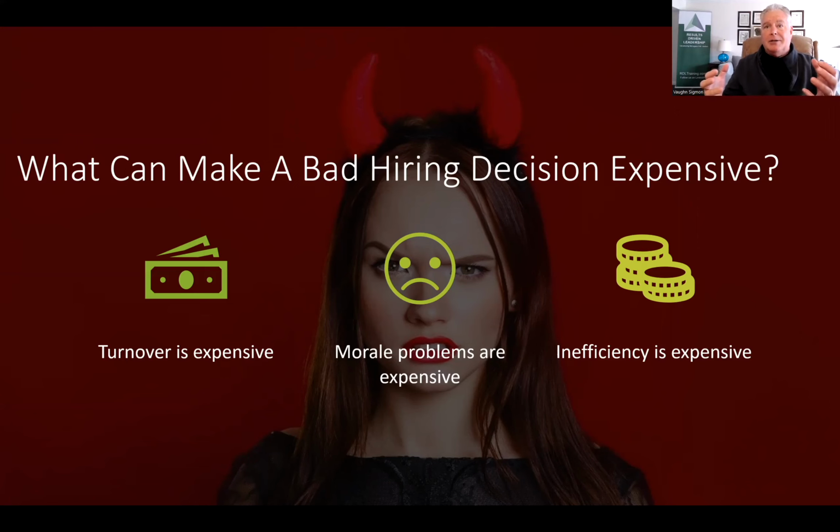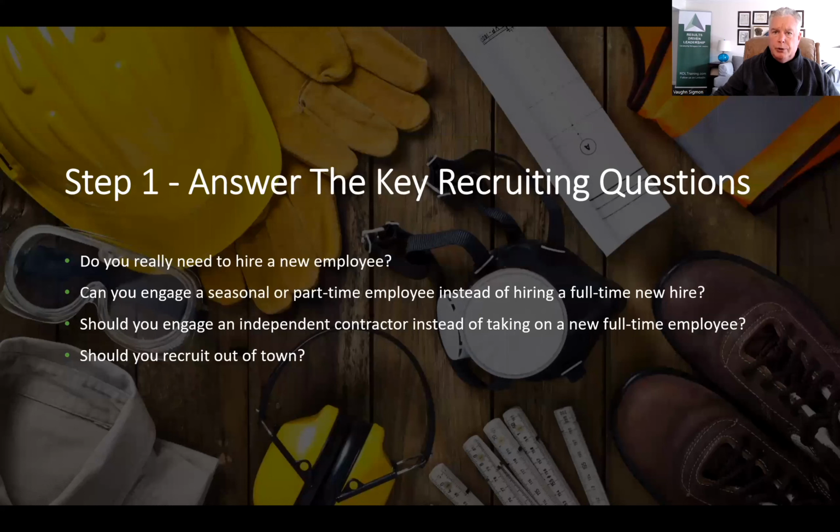Wow, that costs a lot of money, and it slows you down from getting to where you need to achieve. I don't want to dwell on this too much, but think about that. There are lots of motivations for you as the manager to improve your approach to recruiting and selecting the right people.